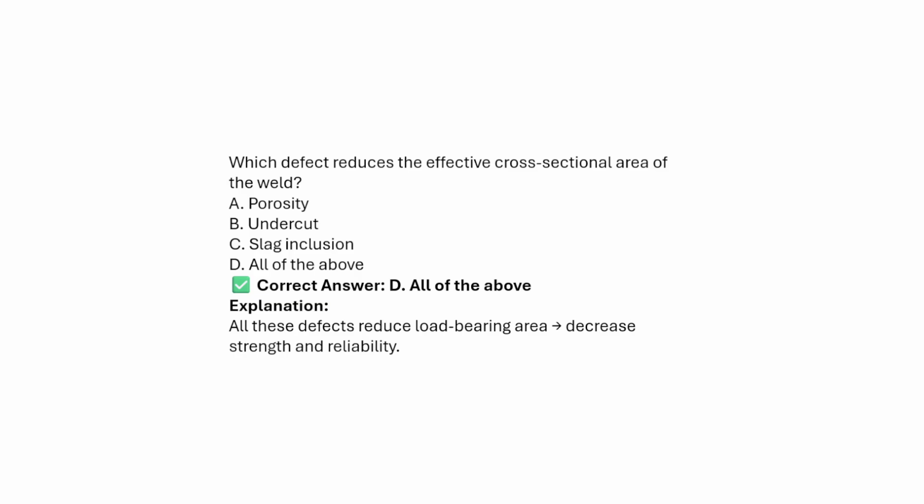First, the term effective cross sectional area means the area of the metal that contributes to the strength of the component. If any defects are there, those will not contribute to the strength of the component. So any defect will be considered a loss of effective cross sectional area. So all of these defects come under this loss of cross sectional area. All of the defects reduce the load bearing area and decrease the strength and reliability.